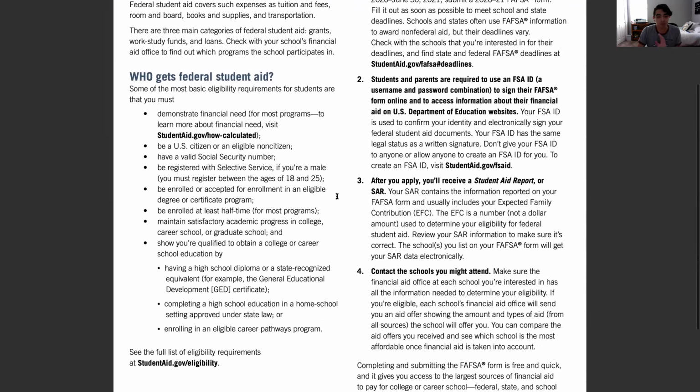So who gets federal student aid? What that means is, who's eligible. Pretty much if you have citizenship in the United States, you're going to do the FAFSA. If you're undocumented or going through citizenship, you're going to want to use the DREAM Act.